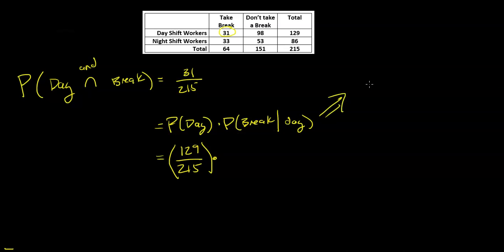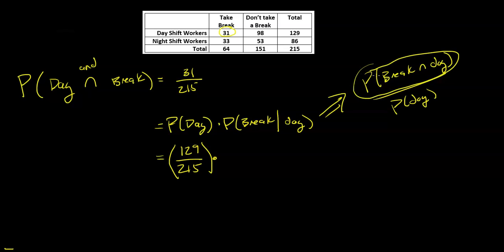The formula for conditional probability is the probability that you take a break and you're on the day shift divided by the probability that you're on the day shift. Now at this point you might be like, wait a minute, I'm trying to find the probability I work the day shift and take a break. How am I supposed to find that probability using the formula if I need that probability?